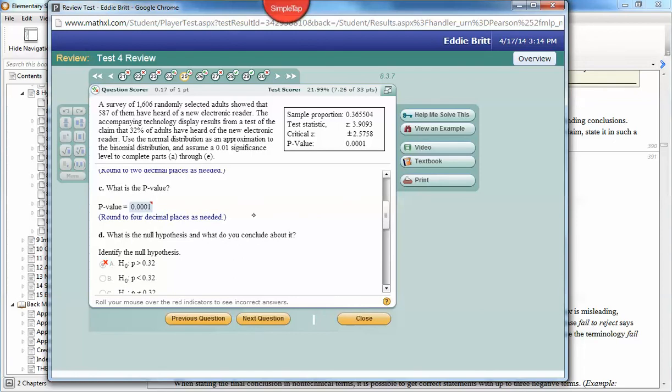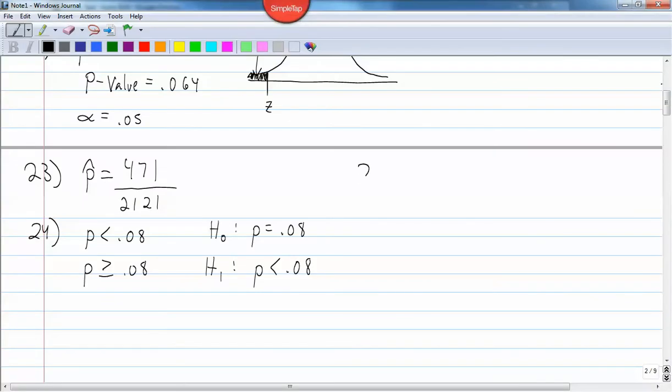What is the null hypothesis? Alright, so let's see. Remember the original claim was 32%. So P equals 0.32. That's the original claim. So remember, we'll write that down and then we write the opposite. Not equal to.